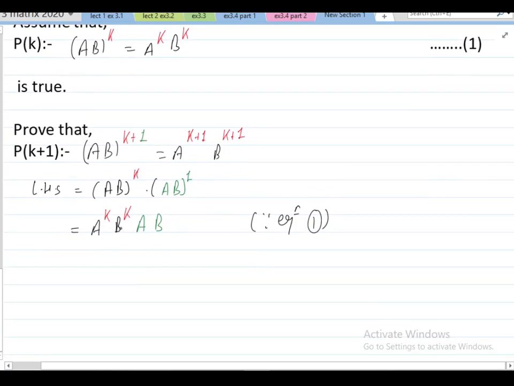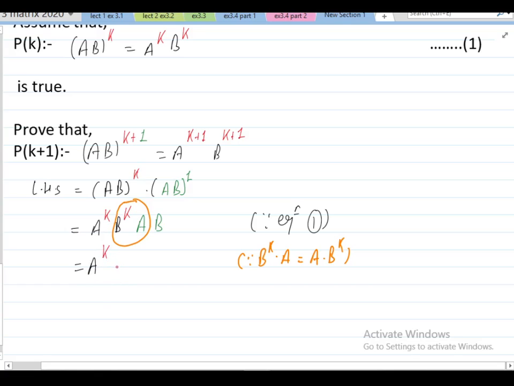Okay. હવે અહીંયા ધ્યાન રાખજો. B raised to K into A એ આપણે already prove કરીને બેઠા કે B raised to K into A is nothing but A into B raised to K આગળના પાર્ટમાં.